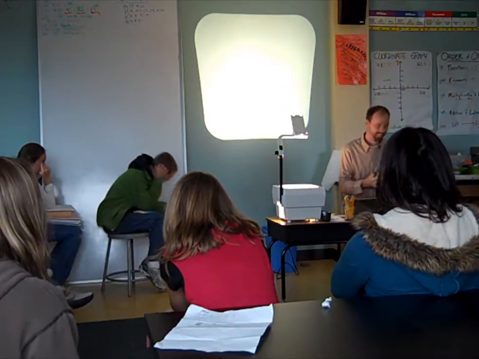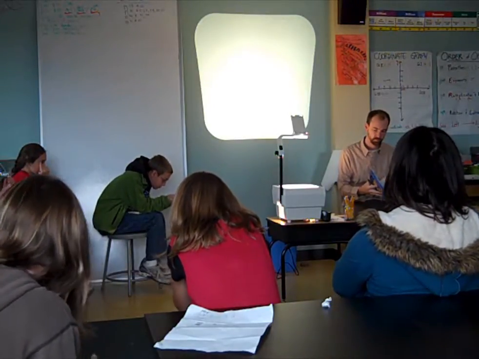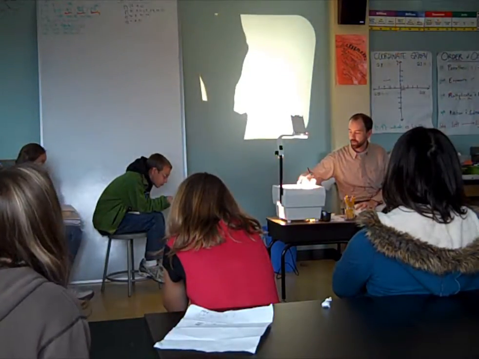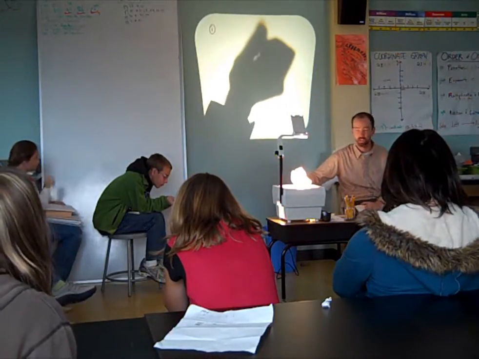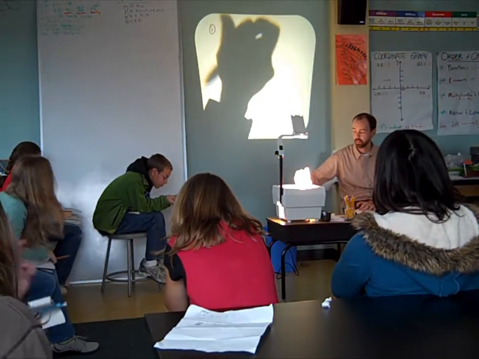I'll make sure you get them in order. So the first thing, and I'm not going to give much instructions outside of this, I want you to rely on your group members to get this assignment down.